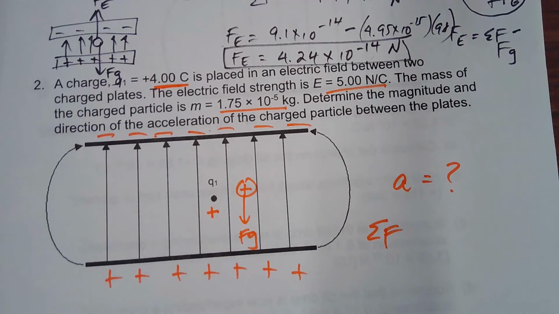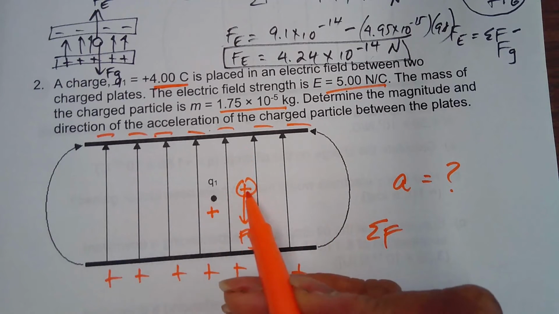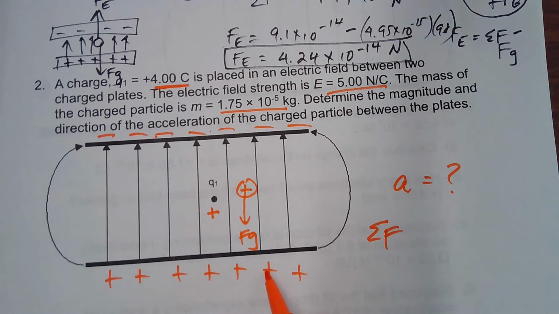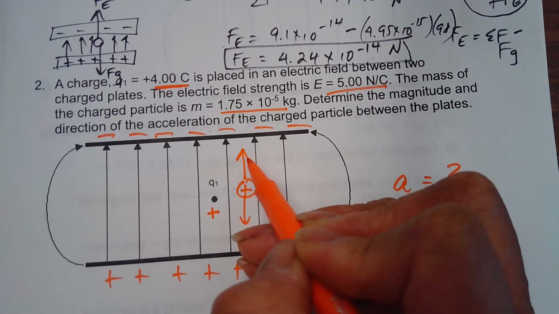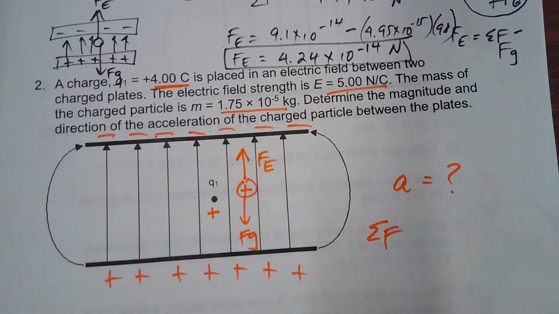Why? Because, okay, you got plates here. This plate is positive, right? If this is a positively charged particle, it's going to want to run away from the bottom plate. It's going to want to go that way, right? And that's what the electrical force would be directed to. Does that make sense? Remember, we go with the electric field line direction based on the charges, right?